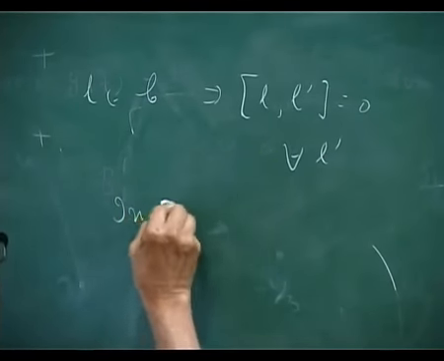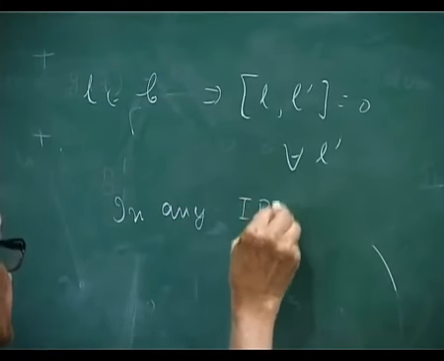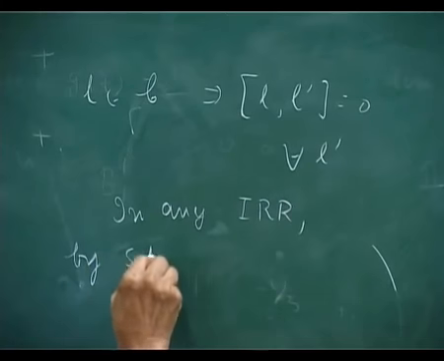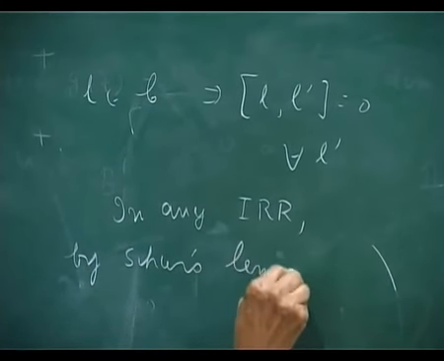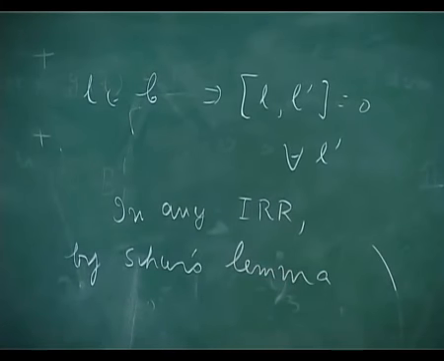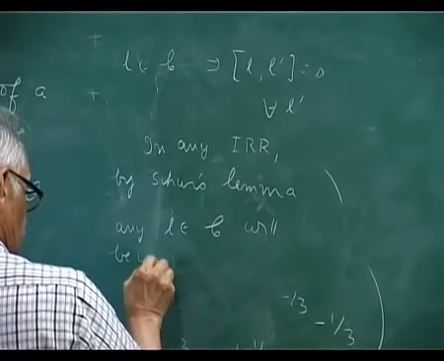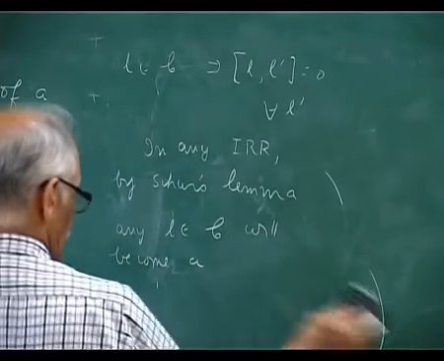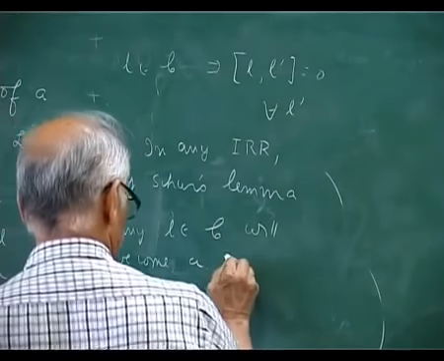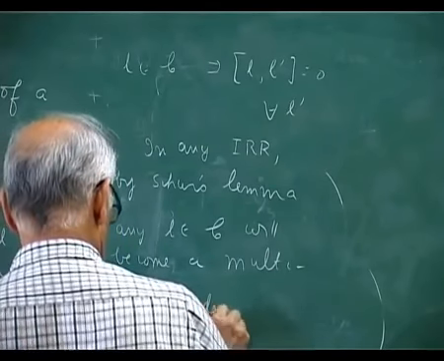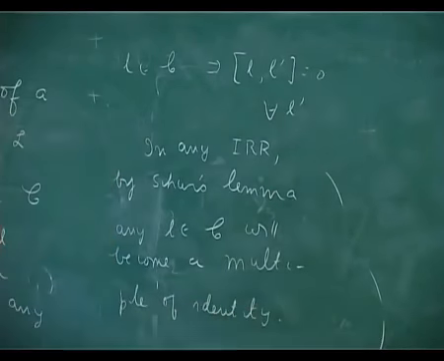In any irreducible representation, by Schur's lemma, okay, what will happen is any L in the center will become a multiple of identity, right? Because they commute with all the elements of the operator.